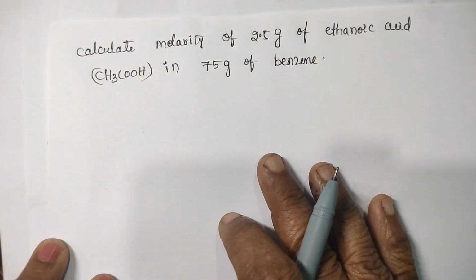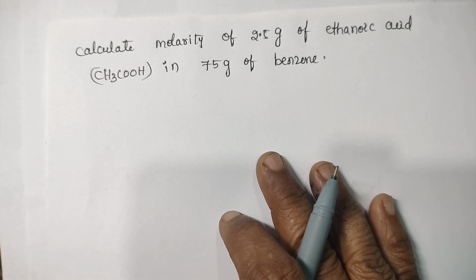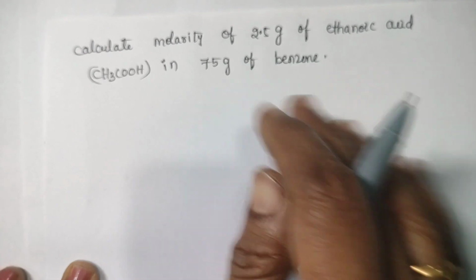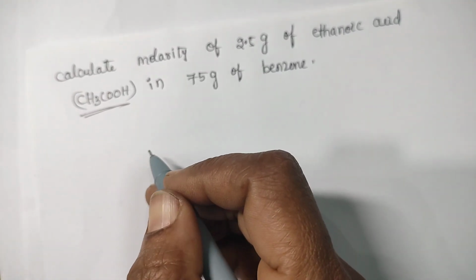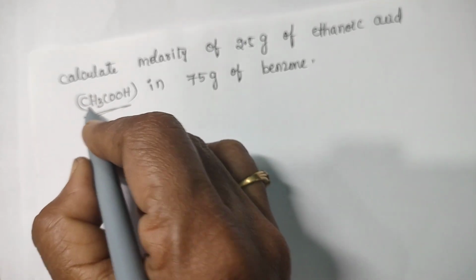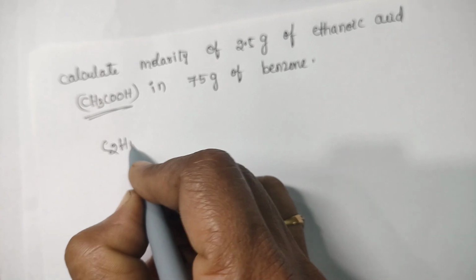So next question, calculate molarity of 2.5 grams of ethanoic acid, that is CH3COOH, in 75 grams of benzene. So first of all we can calculate the mass of this ethanoic acid. How many carbon atoms? 2 carbon atoms. How many hydrogens? 4 hydrogens.